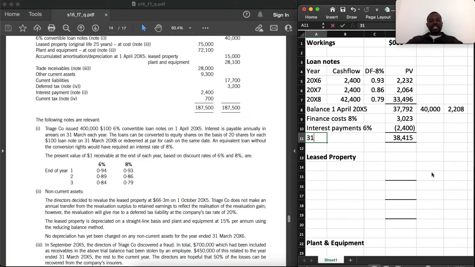This will be 31 March 20x6, like this. Remember, we will use the finance cost on our adjustment of profit. We are finished with that note.